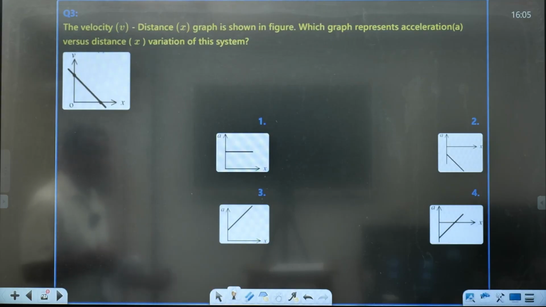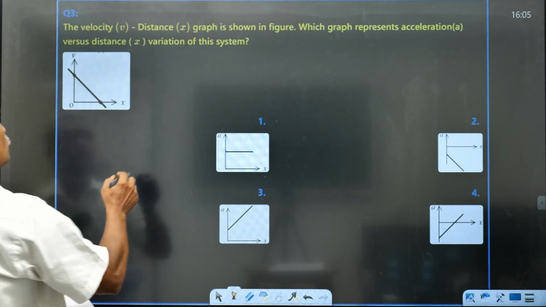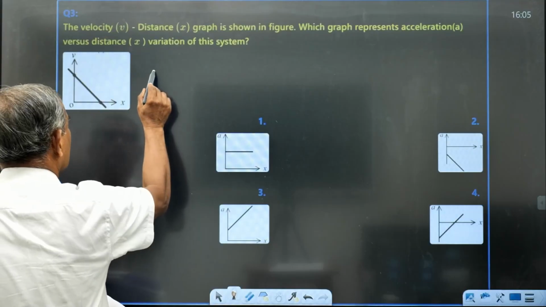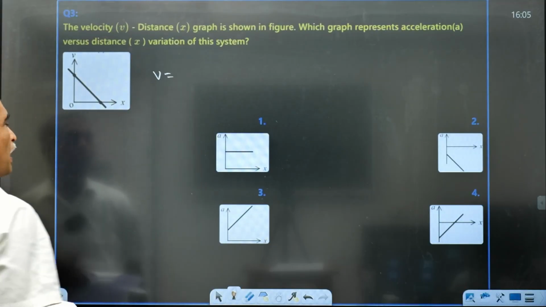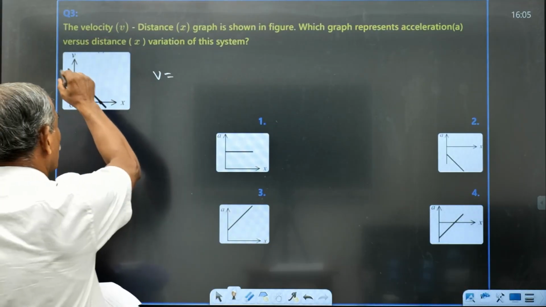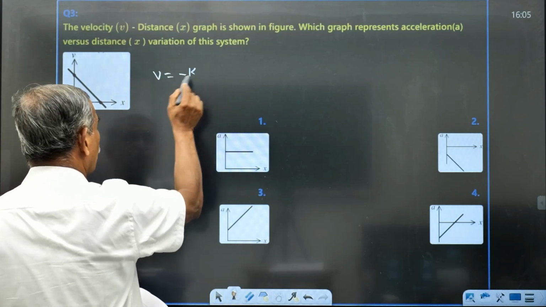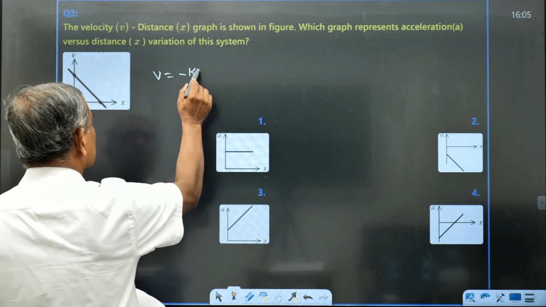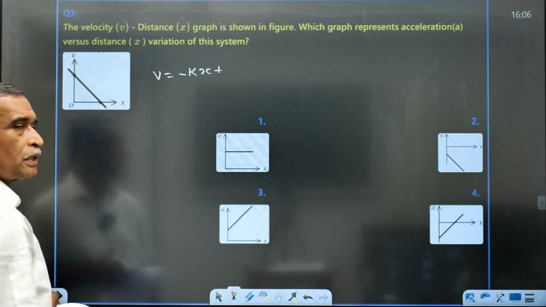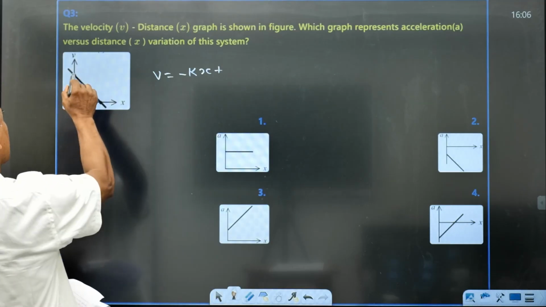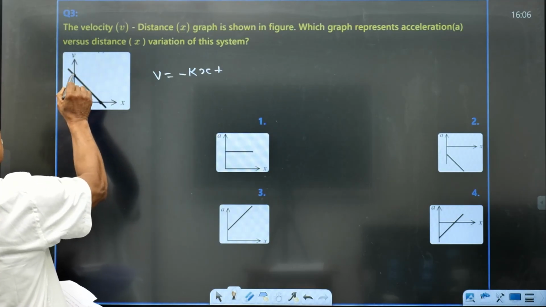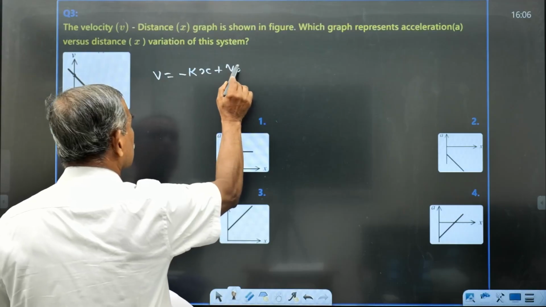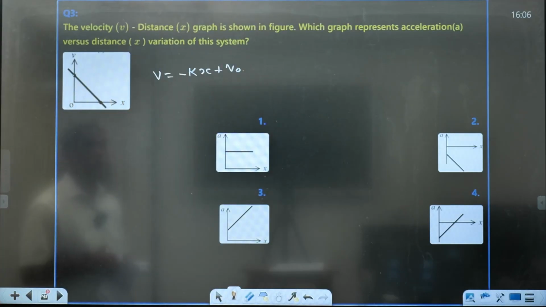Hence, you can write down the general equation of velocity connected with x: v is equal to minus slope into x, plus y-intercept, because the slope is negative. Say the y-intercept is v0. This is the equation of this graph.